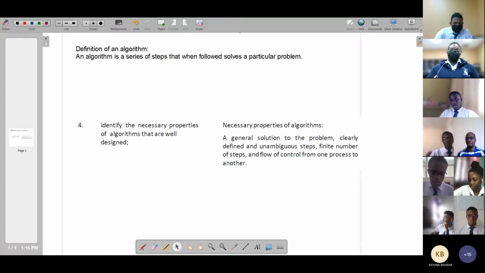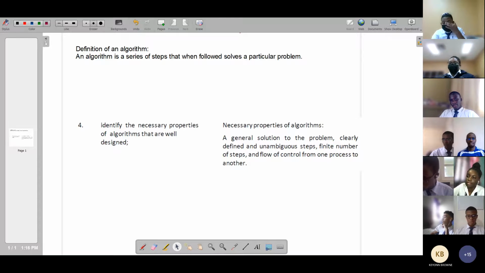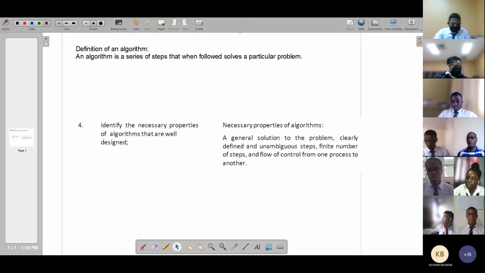It means that eventually you get either fed up and decide, well, this thing is not bringing me to a solution, or it'll take forever and you'll never reach your solution. So we need to have a finite number of steps.